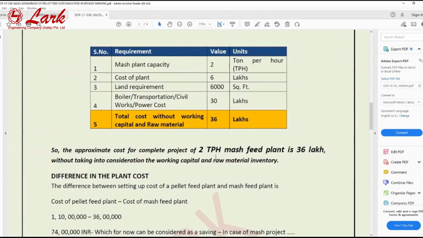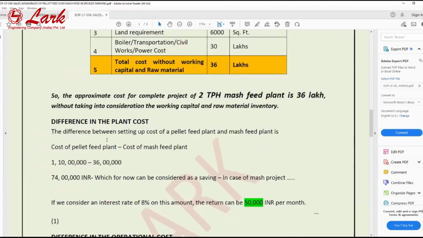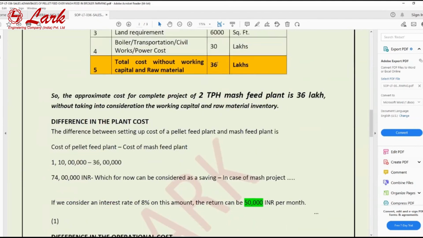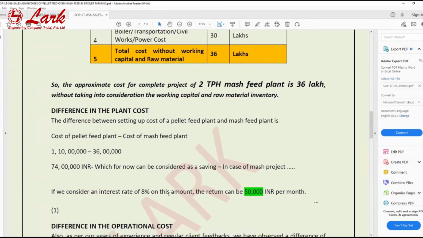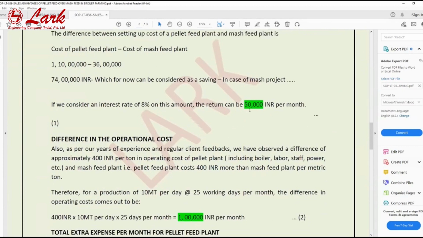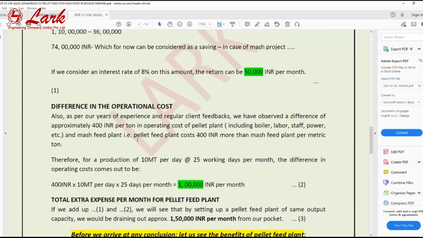Then the difference in the results. We took the difference in the investment between 36 lakhs and 1.12 crore, and we calculate 8% interest on this amount. That is the difference in operation. Then the difference in operational cost. For mash, the processing cost will be around 400 rupees per ton, and for pellet, as we discussed earlier, the processing cost is around 900 rupees per ton.